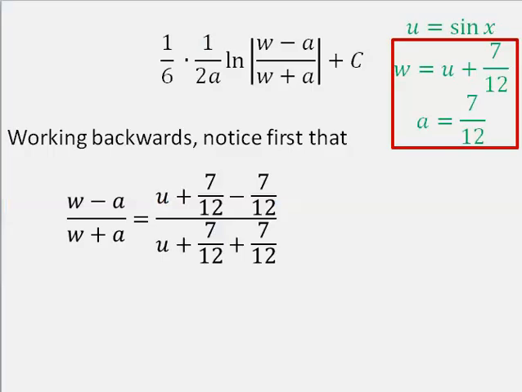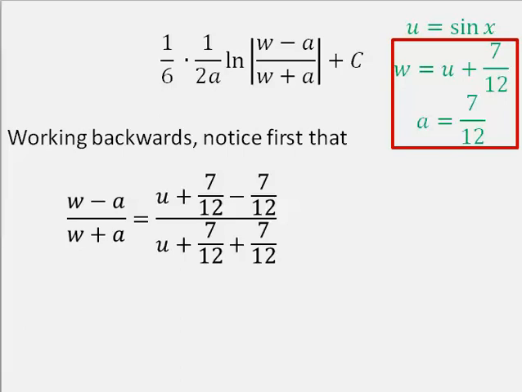I'm going to work backwards, and I'm just going to look at the quotient w minus a over w plus a. Instead of w, I'm going to put in u plus 7 over 12. Instead of a, I'm going to put in 7 over 12. Next, look at my numerator. I can do that subtraction.